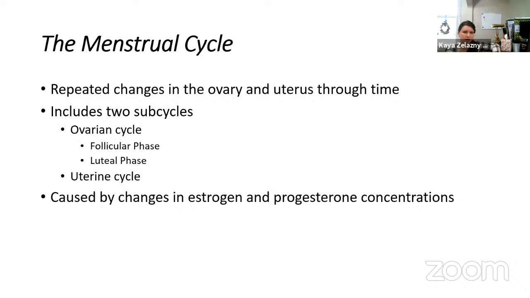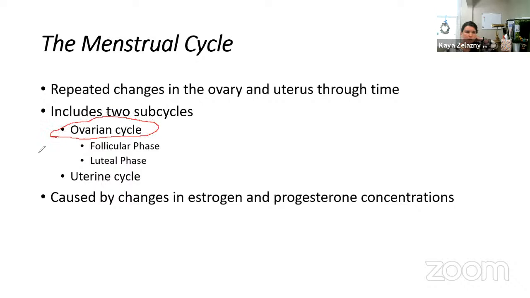Okay, so when we're thinking about the menstrual cycle, we should really be thinking about two separate cycles. They're related to each other and you can map them onto each other, but they're two different processes. So one thing we can focus on is what's going on in the ovarian cycle.